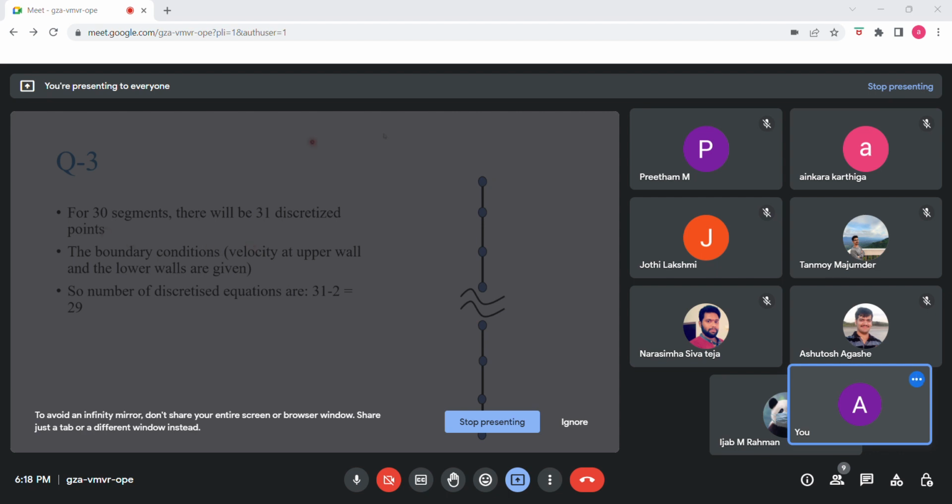If this system is extended into a large system containing 30 segments: when it is divided into 3 segments, we got 4 points. In a similar manner, if it is 30 segments, there will be 31 points, and in that case too we know the boundary conditions, that is, the velocity at the upper wall and the lower wall are given.